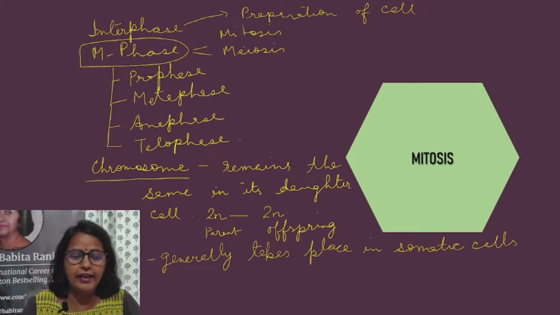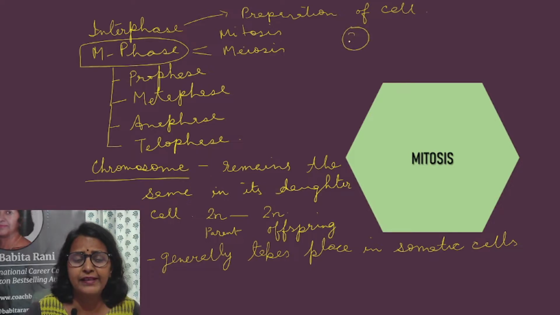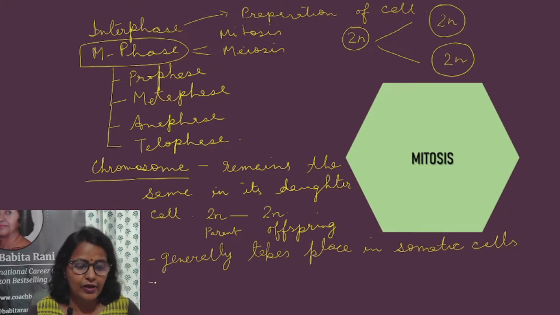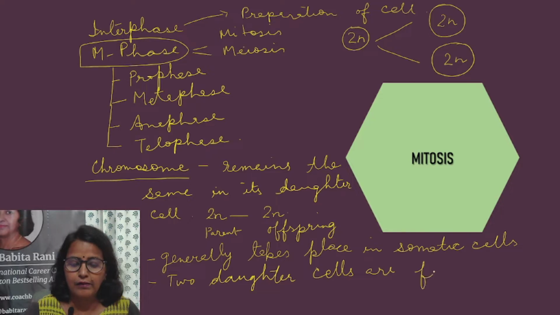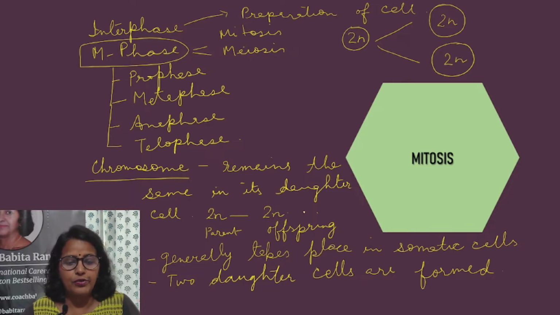When division takes place in case of mitosis, suppose this is the parent cell, it will give rise to two daughter cells, both having the same number of chromosomes.